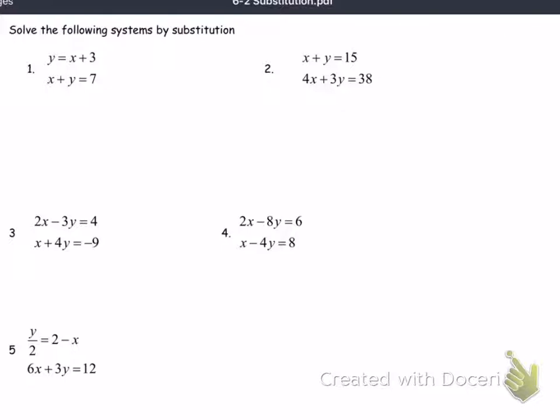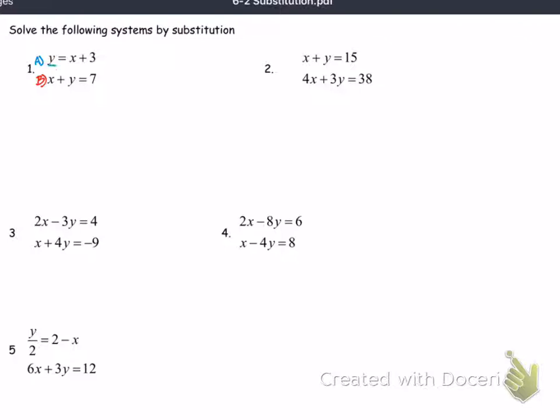According to the procedures, the first step says to solve one equation for the most convenient variable, and you can choose whichever one you want. If you look at both equations, I have y = x + 3. Here's my line A, and then my line B. If you notice, line A already has one of the variables by itself.